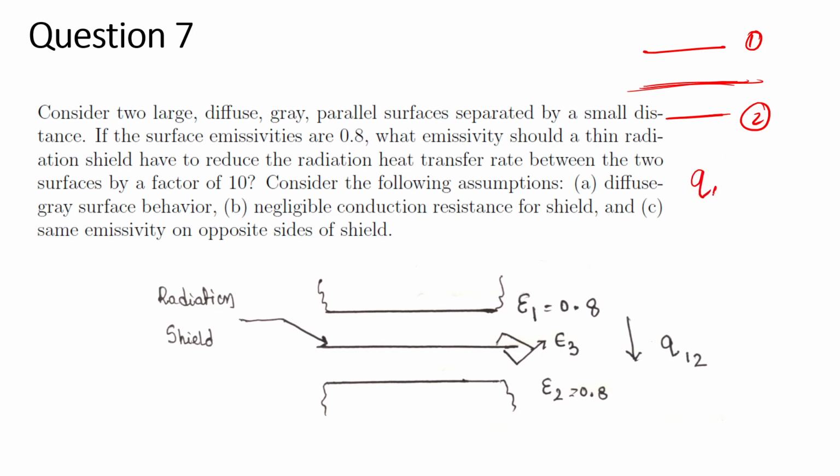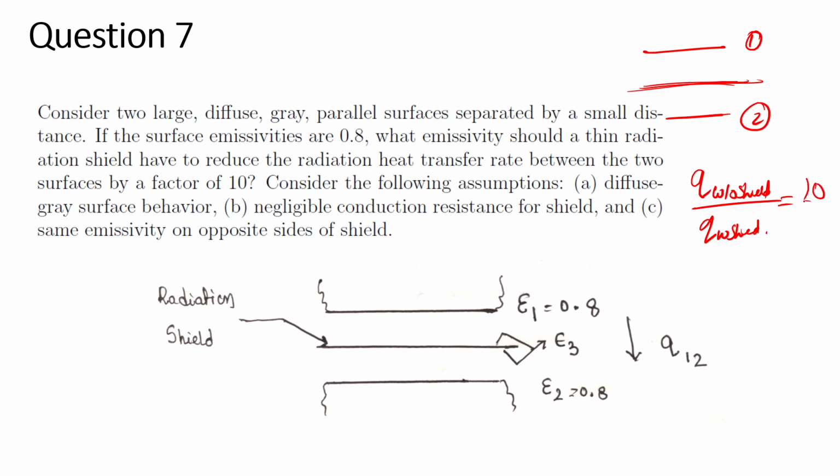So basically, Q without shield upon Q with shield will be equal to 10 upon 1, because without shield, the radiation will be higher.